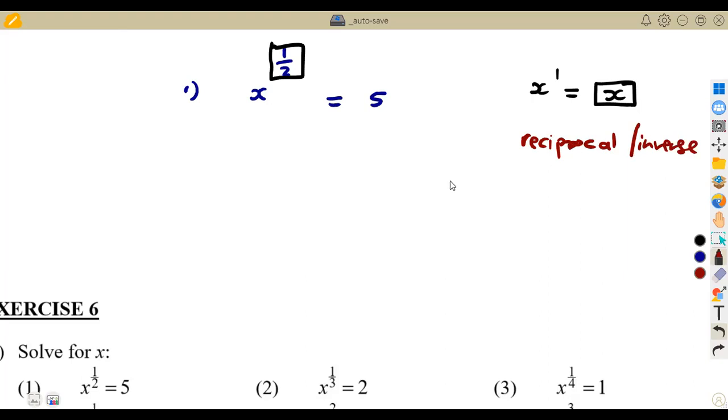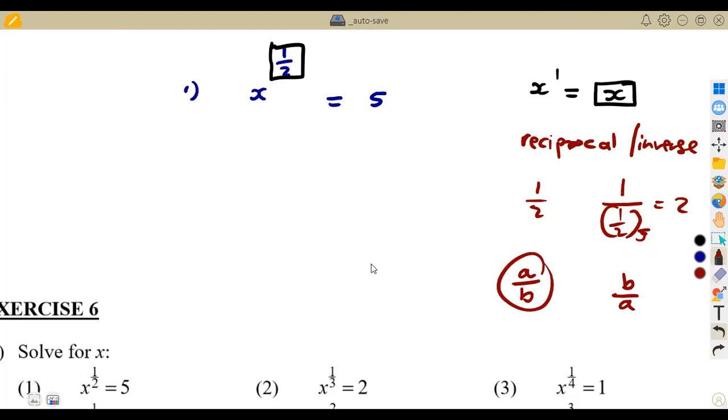If I'm given 1 over 2, the reciprocal of 1 over 2 means 1 over 1 over 2, which is 2. You simply interchange the fraction. So the reciprocal of A over B means B over A.